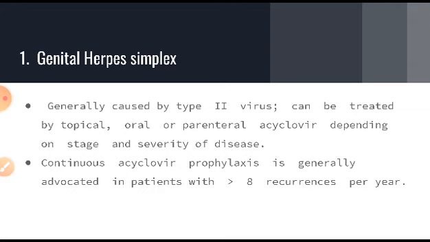Prolong the therapy if recurrence comes again. Continuous acyclovir prophylaxis is generally advocated in patients with more than 8 recurrences per year. It has been observed that this decreases the transmission to sexual partners.